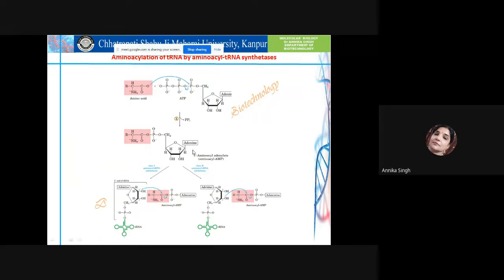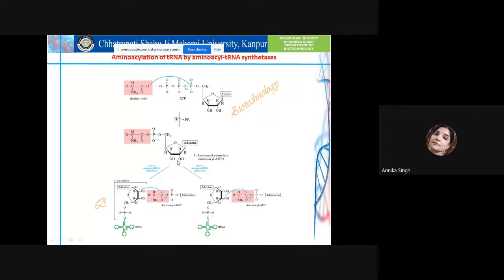In the second step, which depends upon the class of the amino acyl transfer RNA synthetase, कि class 1 है या class 2 है. ठीक है. So the attachment of amino acyl to the corresponding specific transfer RNA takes place.